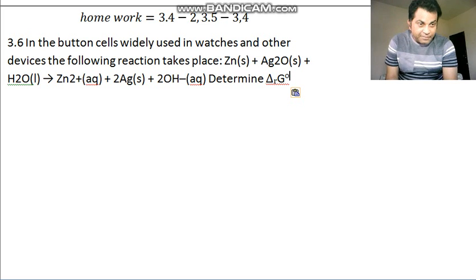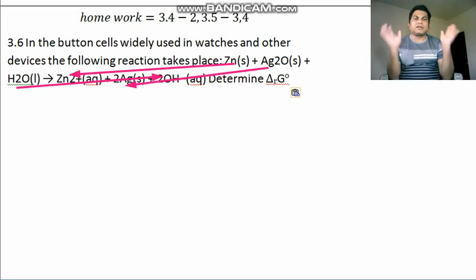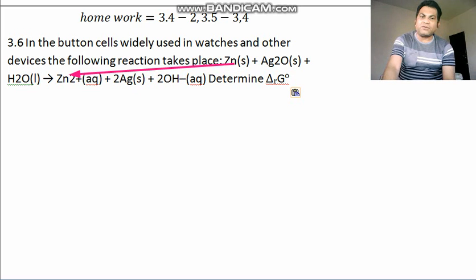See here, હું ડાયરેક્ટ આવી રીતે જ બોલીશ. આ ઇક્વેશન ને વાંચવાની તમે મેથડ જુઓ. હું શું બોલ્યો? Zn is converting into Zn plus 2. Ag2O is converting into Ag. Okay, and also H2O is converting into OH minus. So this is written there, and using this we have to find the answers.